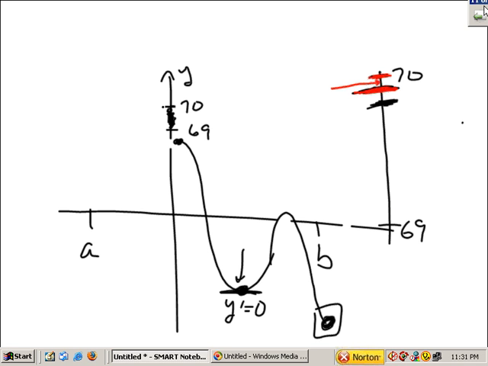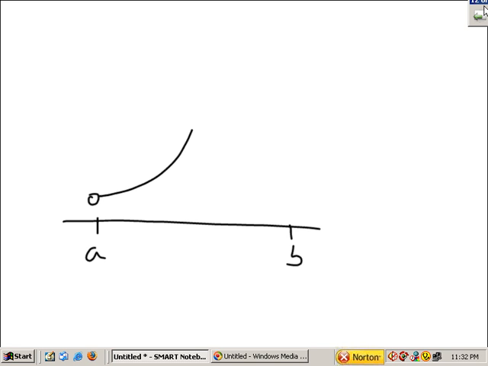Okay, there's one last scenario for having a highest value or lowest value, an extreme. And that's where the derivative doesn't exist. Here's A, here's B, and maybe you have a graph that goes like this.